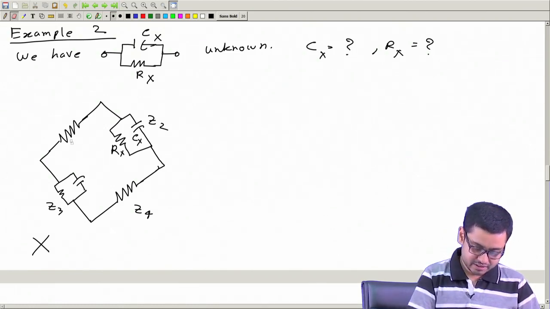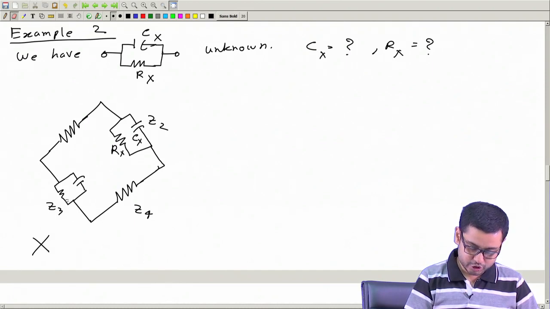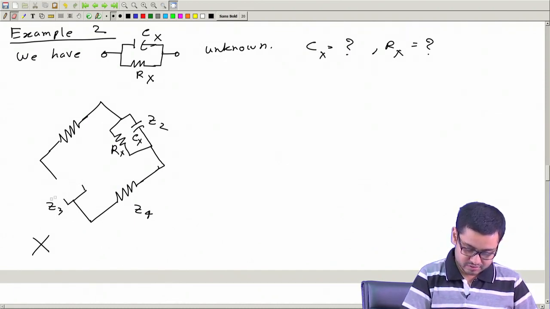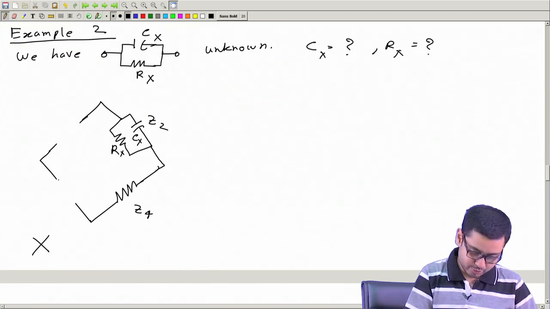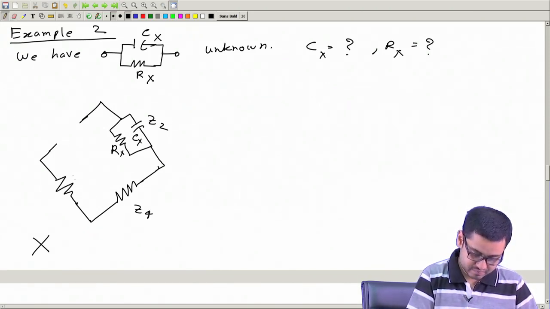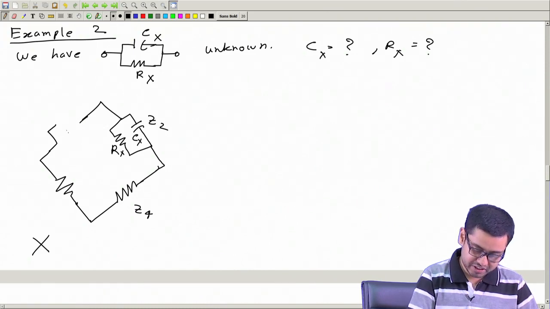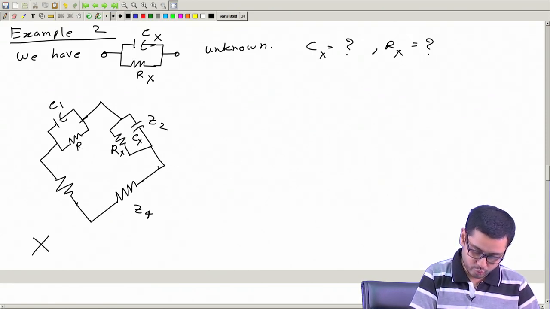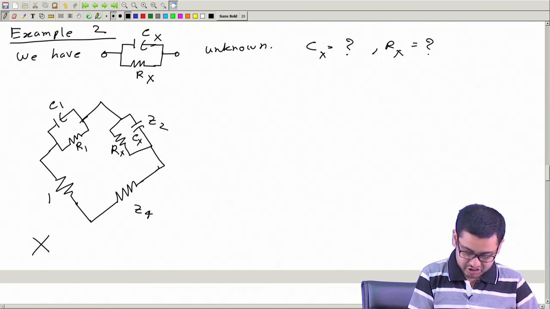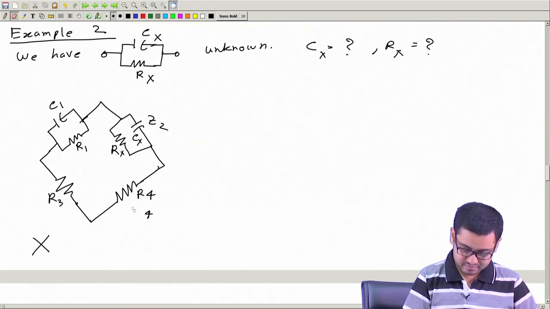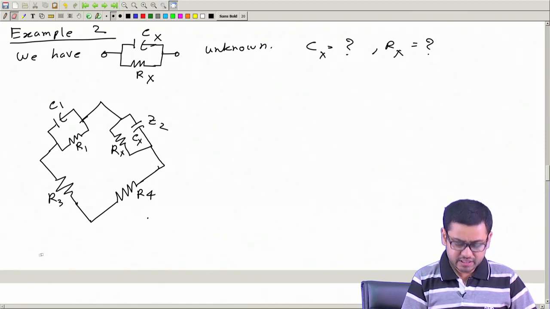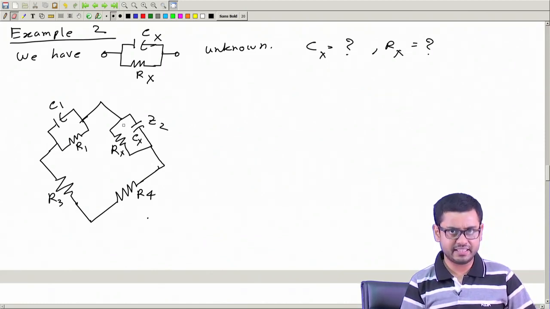But let us try swapping these two, like this: put the resistance here and the RC parallel combination here, call it C1 R1, R3 and R4. Now, let us check quickly, is the angle criterion satisfied?